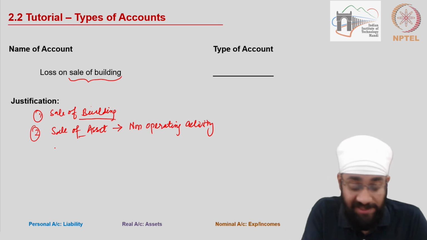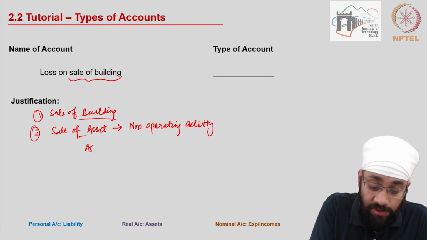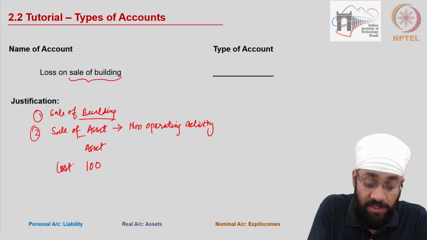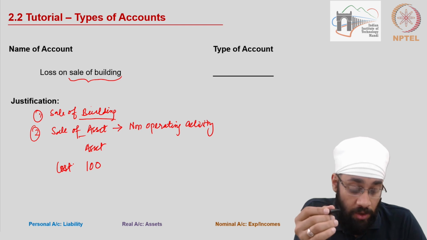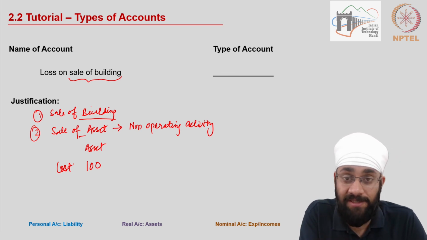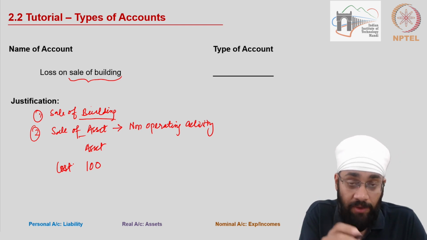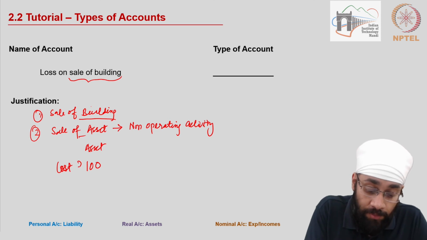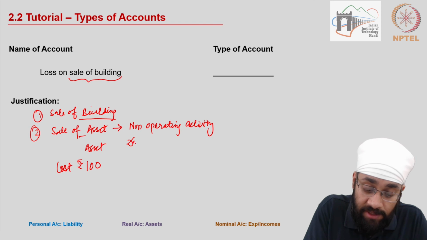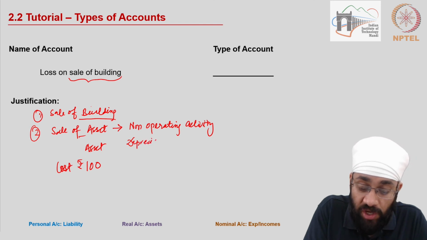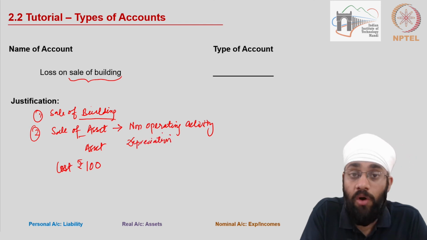So whenever you do that, you purchased the asset at some value. So the asset was purchased at, let's say, 100 cost price, historical price. We have discussed this earlier in the cost principle of accounting, where we said all assets are shown at their historic value, at their cost value. So rupees 100 is what you bought this asset for, and then there is a depreciation that is charged, a reduction in the value of this asset.